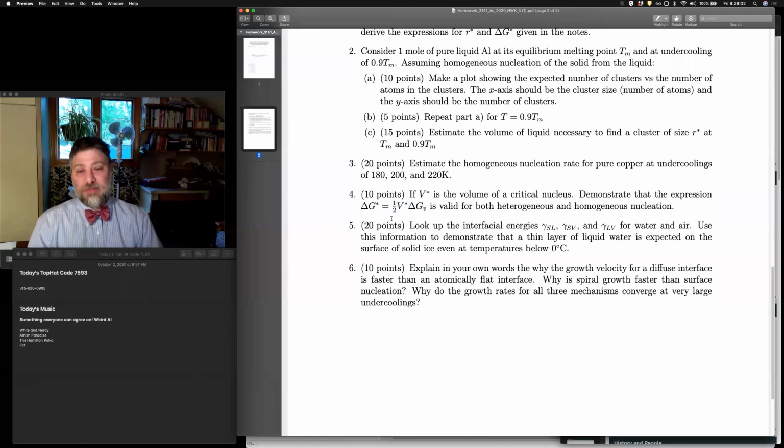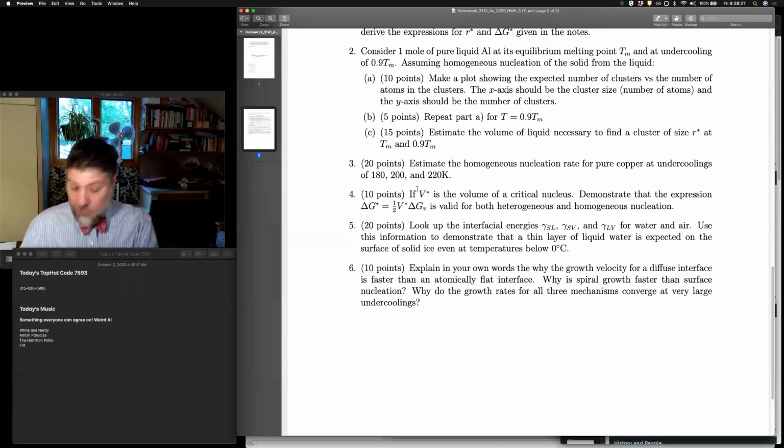And you'll see that when you plug this in, you get 16 pi gamma cubed over 3 delta GV, which is what you expect. For heterogeneous nucleation, it's a little tricky because V star isn't a sphere anymore. What is V star?